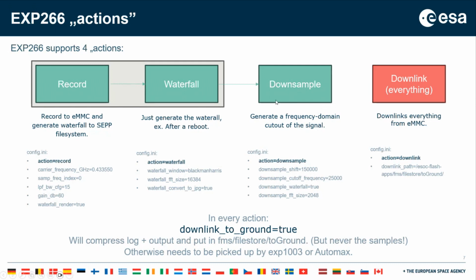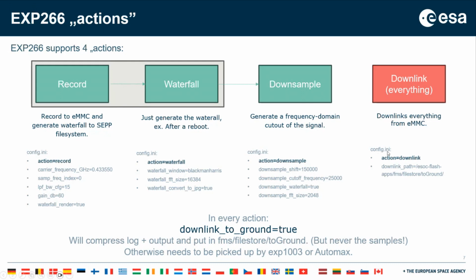So the new constraint at this point is the maximum size of the signal you downsample and the maximum size of the waterfall, but we can cover it later. And the fourth action is a legacy one, and it's kind of unsafe to use. It is the actual procedure to downlink the recording from the eMMC. Currently, the experiment is calibrated to use 200 megabytes of the eMMC memory.